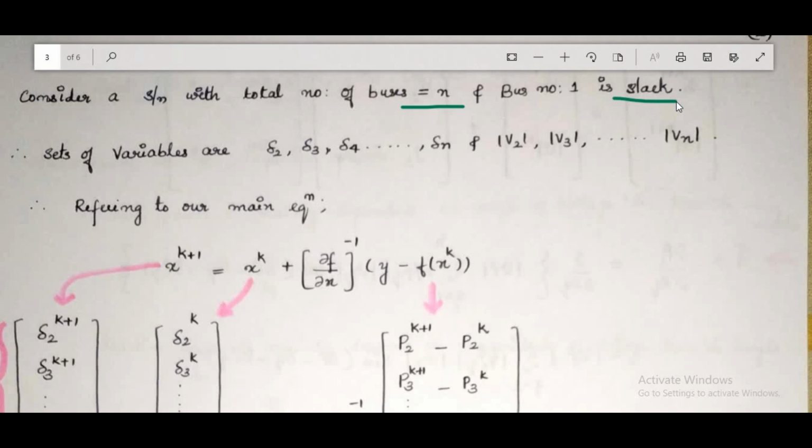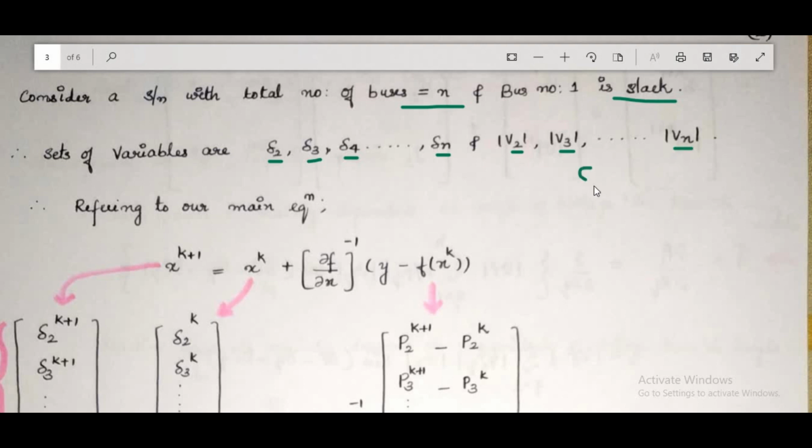Then, which are the variables to be calculated? The variables to be calculated are: angle of voltage of the second bus, angle of voltage of the third bus, angle of voltage of the fourth bus, like that, angle of voltage of nth bus. Similarly, magnitude of voltage of second bus, magnitude of voltage of third bus, like that, magnitude of the voltage of nth bus.